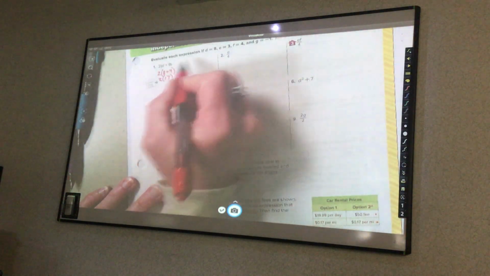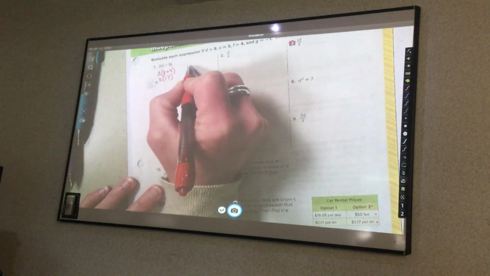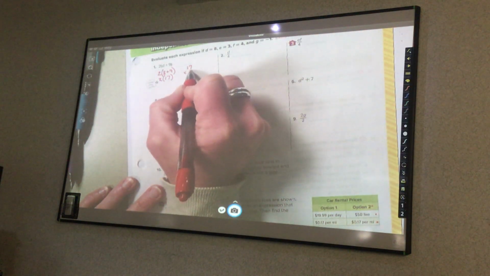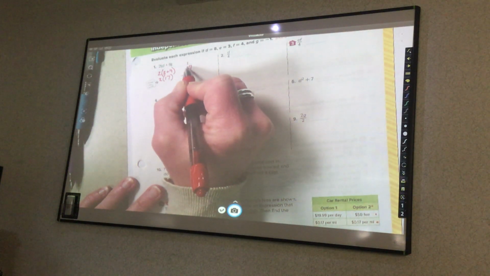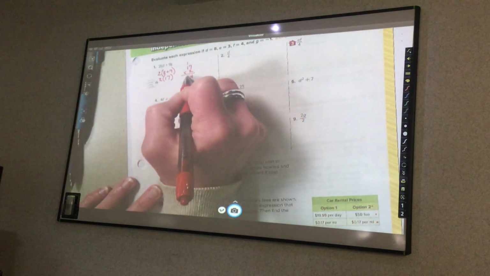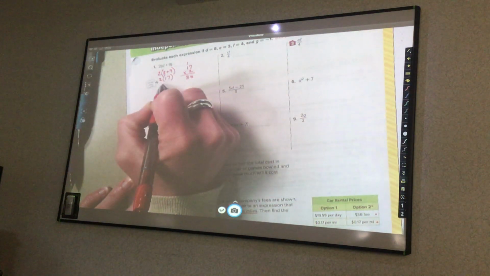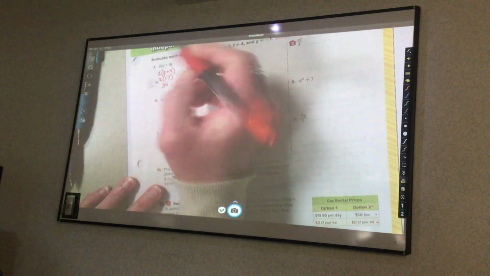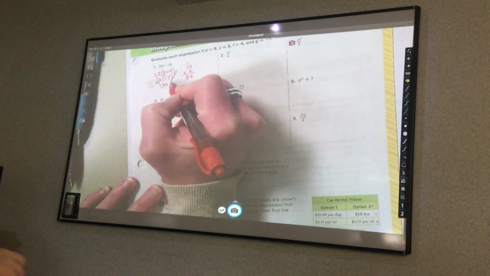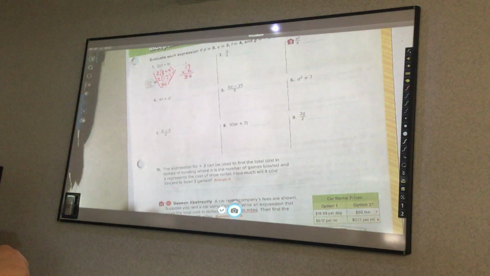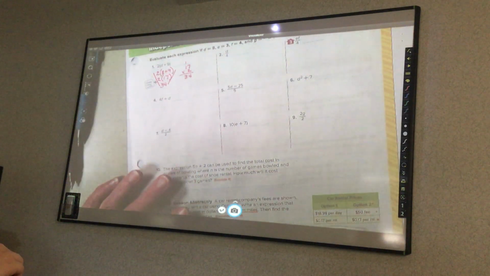I said we can't use a calculator, so 17 times 2. 2 times 7 is 14. 2 times 1 is 2, plus 1 is 3, so 34. So then my answer would be 34. Notice that I'm coming down in like a V. You guys see that? I'm spiraling down.